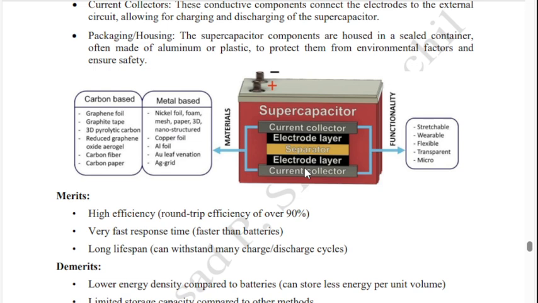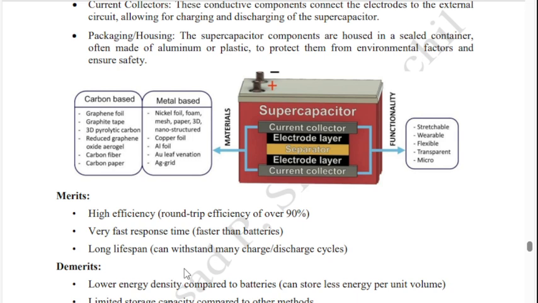And if you have a device to store the current, like a power bank, in 5 minutes the power bank has to be completely full. Like that, our requirement never ends. Therefore the materials also need to satisfy those things. Therefore material science is also very important. What type of materials are required is also very important. If it is not there, we have to make such types of materials as per our requirement.